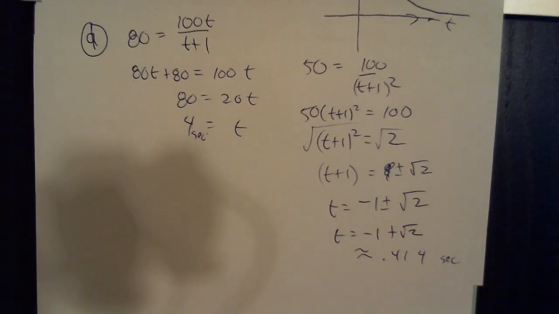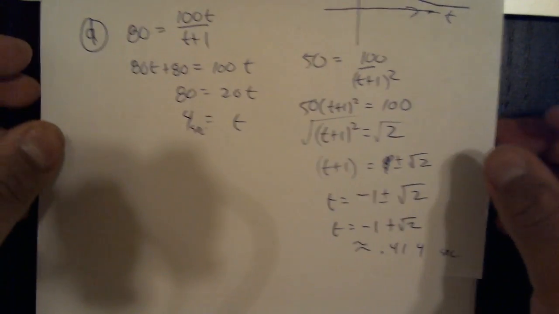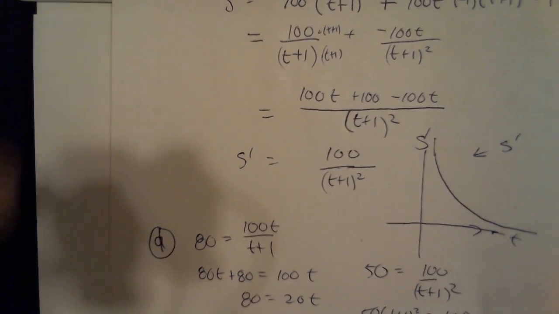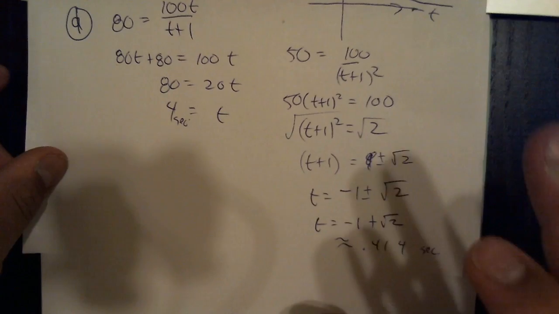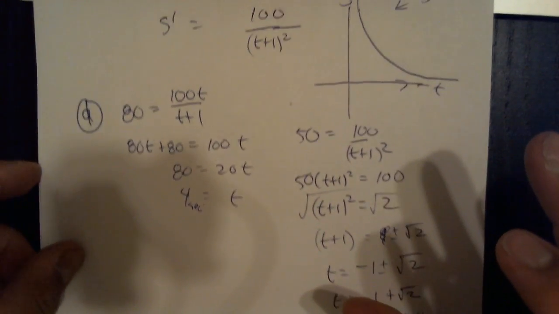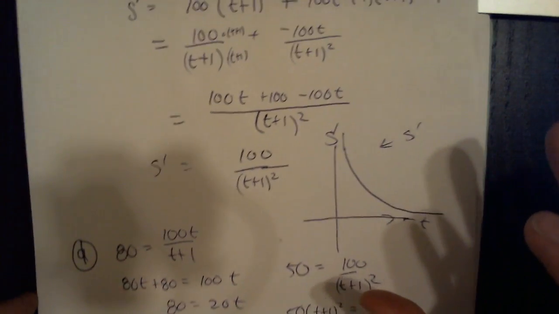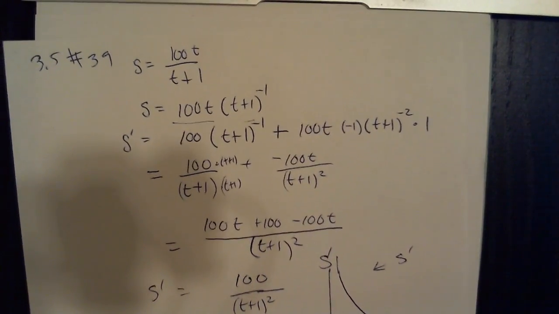It won't be anything too involved for implicit differentiation, but anything that will involve the chain rule, the product rule, the sum rule, anything like that, just solving derivatives. Okay, so that covers this one. Any questions on this one on 3.5, number 39? We're okay with that one?